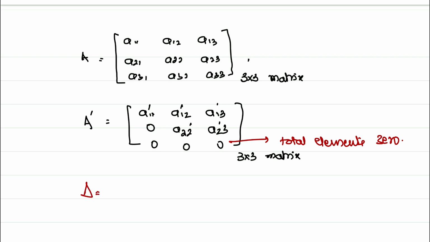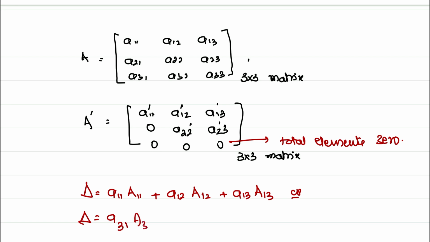In the last class I have explained, determinant is equal to A11 into its cofactor, A12 into its cofactor, plus A13 into its cofactor, or it can be A31 into its cofactor plus A32 into its cofactor plus A33 into its cofactor.